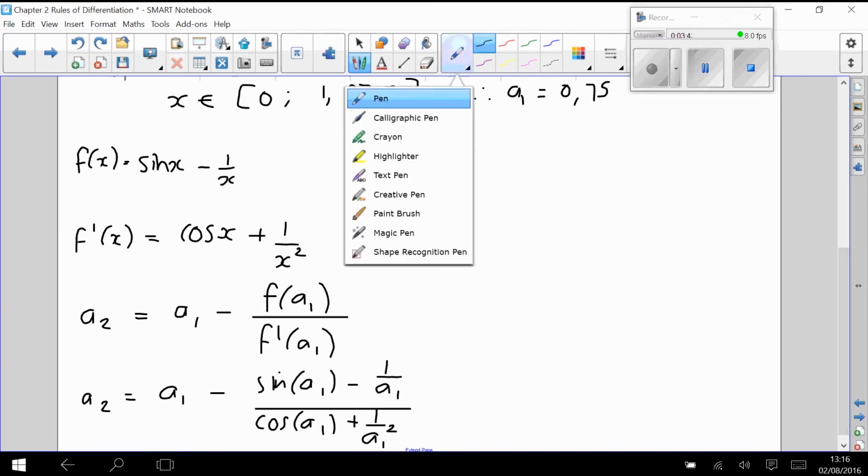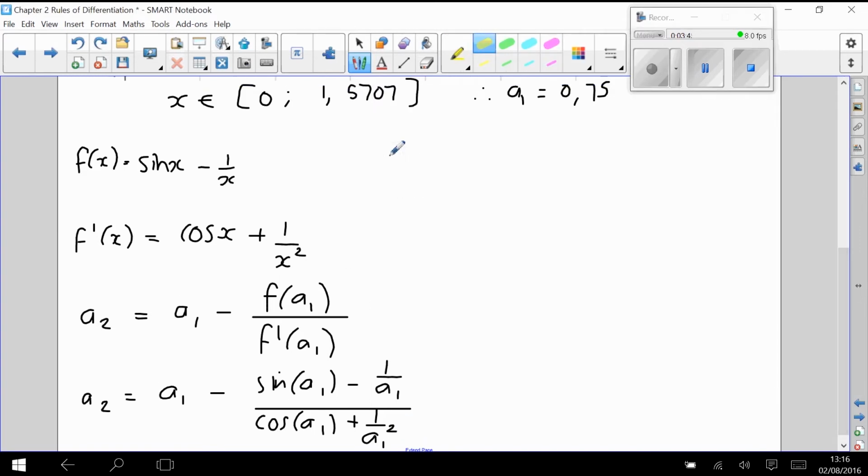So you need to type the estimate of 0,75 into your calculator. And then you need to press equals and answer. Then press minus. Put in a fraction. Type sine, answer. Close your bracket. Then minus. Make another fraction.